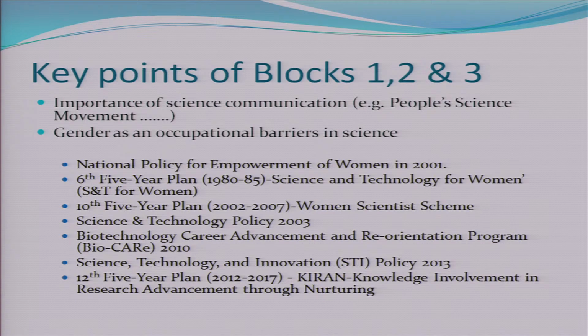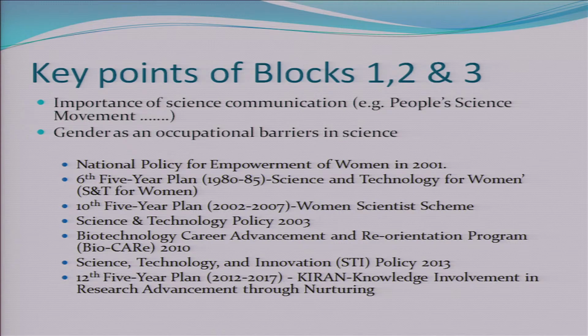There are movements like the People's Science Movement, and I think the People's Science Network, working on developing science literacy, not only through institutional communication, but across the community or within the people. And gender as an occupational barrier in science.